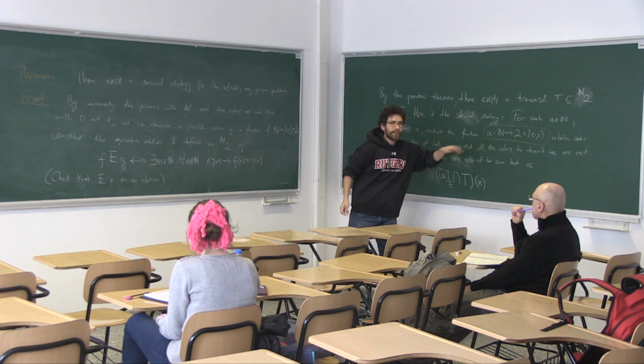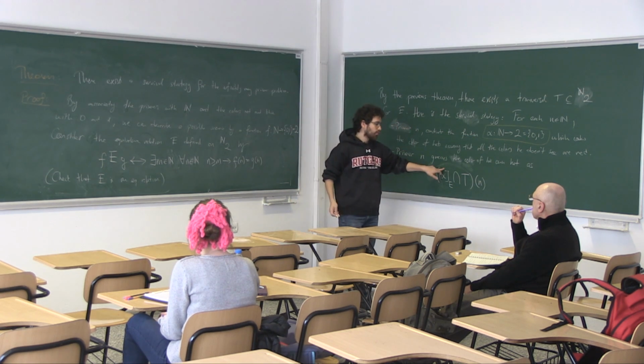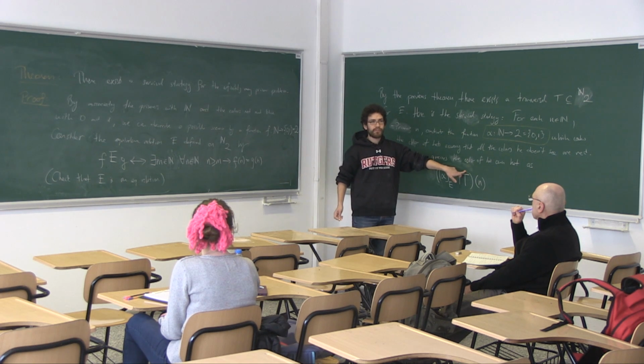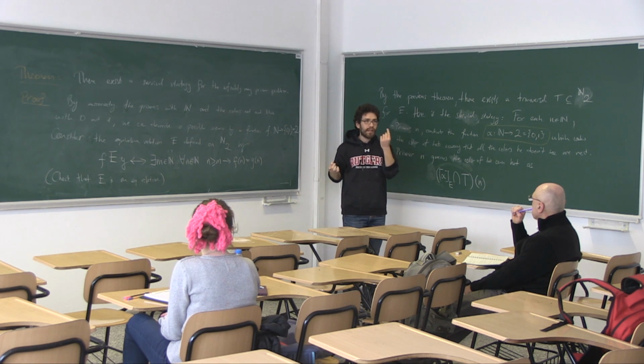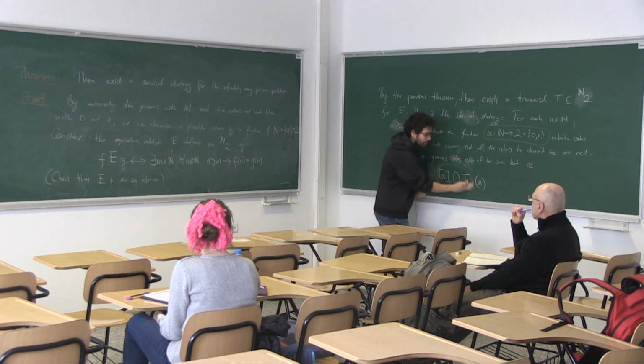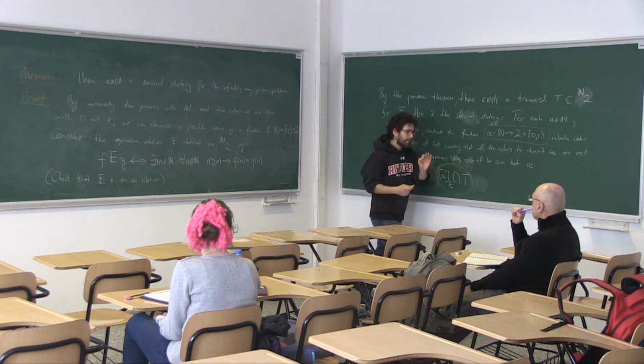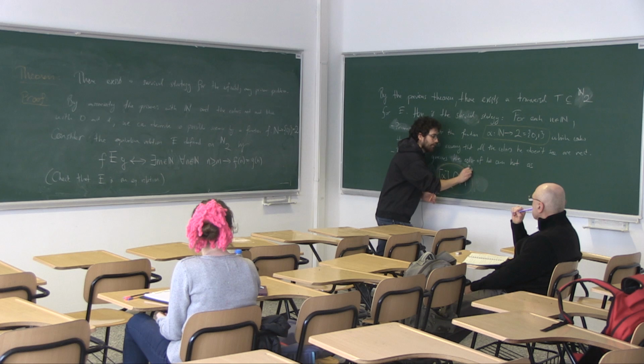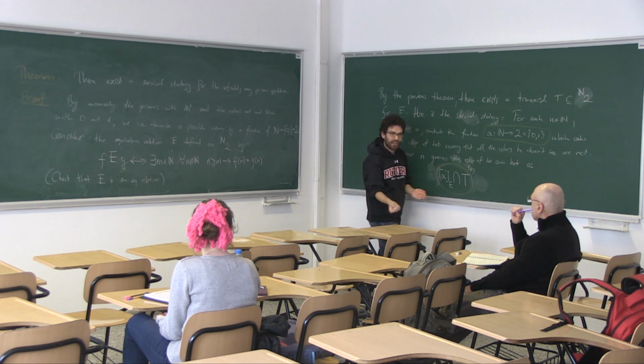I construct a hypothetical scenario. I look at the equivalence class of that scenario. I intersect it with my transversal, which I memorized the night before. Now this intersection consists of a single function. Let me write this completely mathematically correct. This consists of a single function, okay?